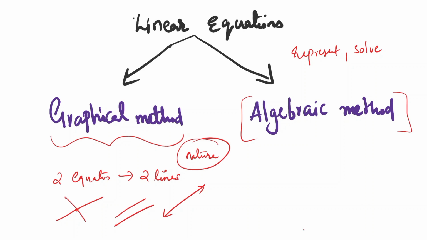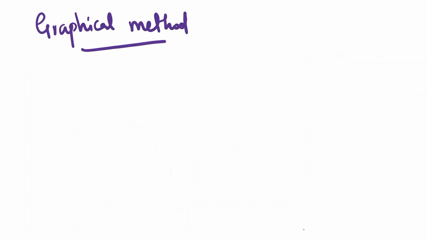What is a solution actually? The values for x and y. If there are three variables, we can use z also. So for the graphical method, if we get an x-axis and y-axis, we can definitely draw lines in this. Numbers will be here, and if you have any difficulty in drawing graphs, please let me know in the comments.